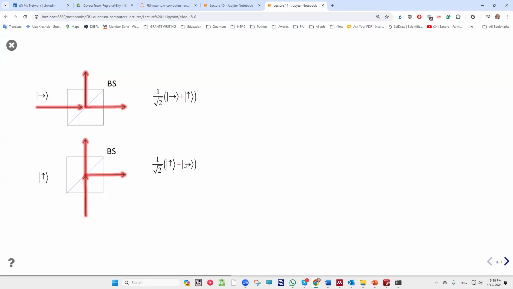So this minus is because when we use this beam splitter twice, in the result eventually we're supposed to get the horizontal state or the vertical state, basically the initial state. So this beam splitter must operate like a unitary operator, right? That's why if I apply this beam splitter twice, I'm supposed to get the initial state. That's why we put minus here.